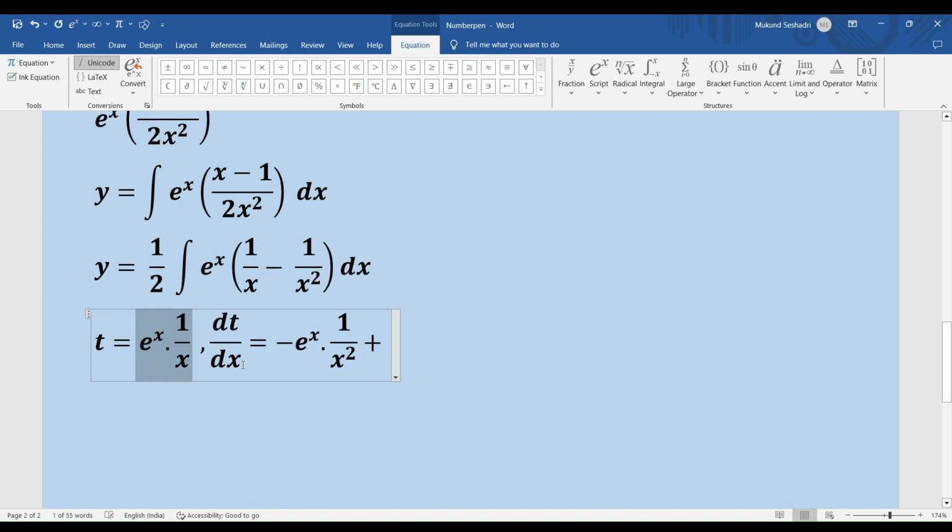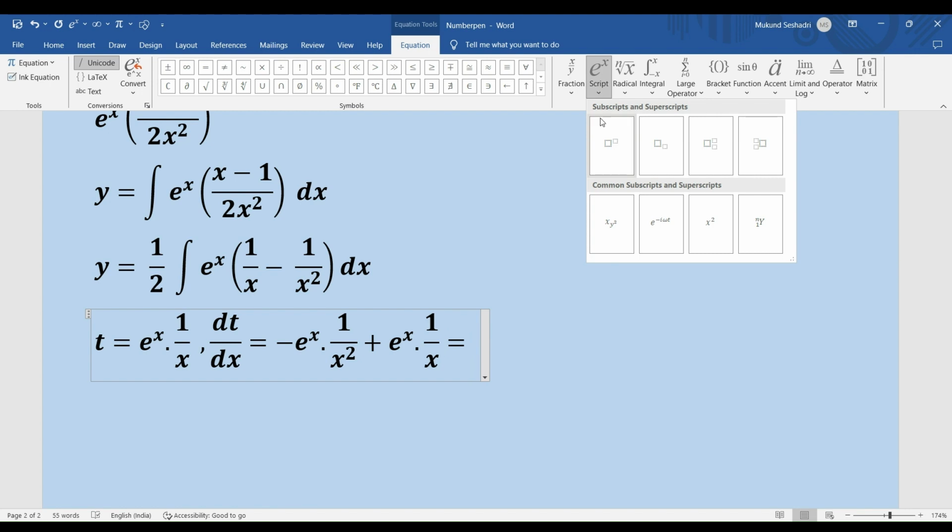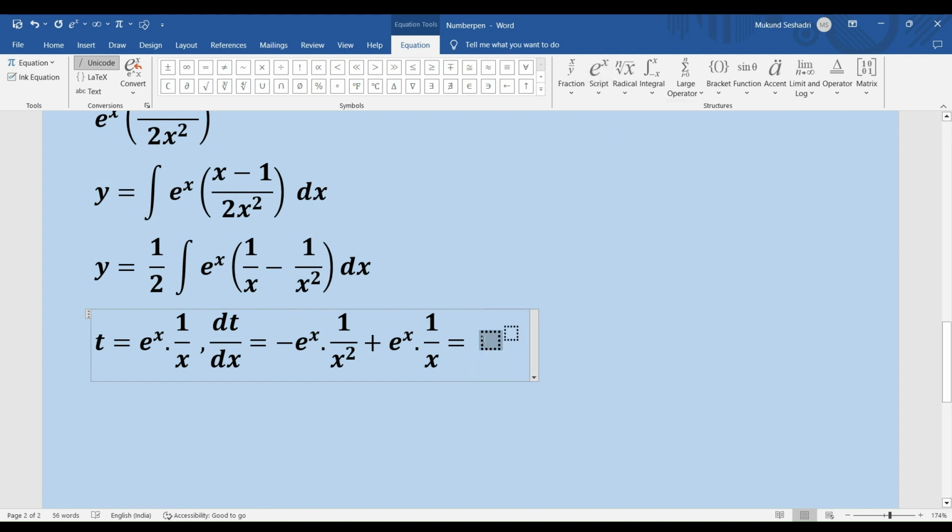Why is that? Because my d by dx of e to the power x is e to the power x itself, right? So this is what I get. So this is my dt by dx. And if I do a little bit of rearrangement, I pull out my e to the power x because that's a common factor. And then what I get inside is nothing but a 1 by x minus 1 by x square, right? I hope you folks are with me.